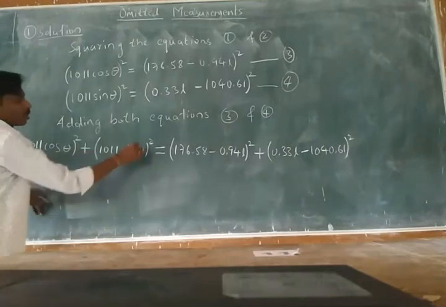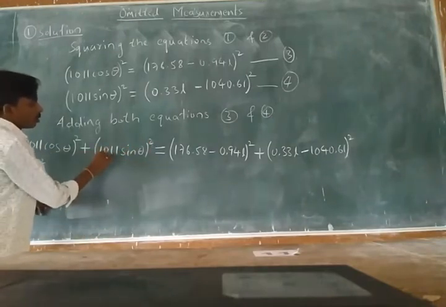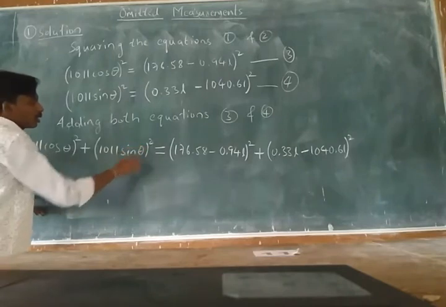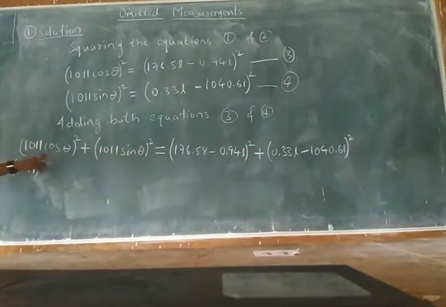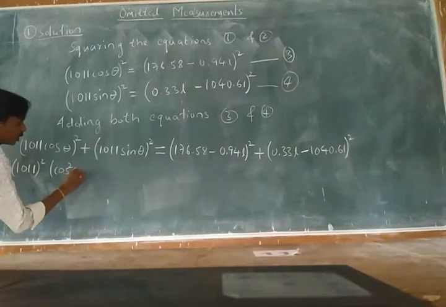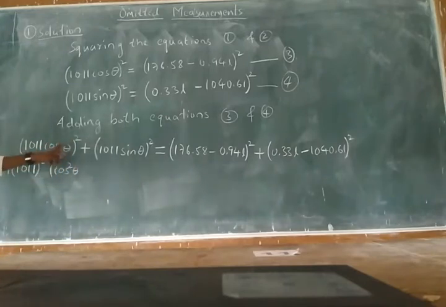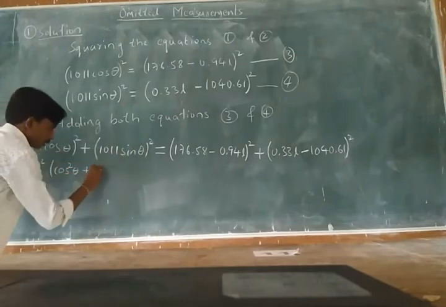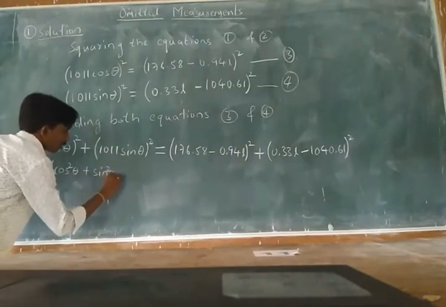Here also the same, the square will be applied on 1011 and also on theta. So if you are taking the common value, 1011 is the common value from these two terms. So 1011 whole square will be the common, and the next one is cos square theta, because we are squaring the cos here, plus sin square theta.